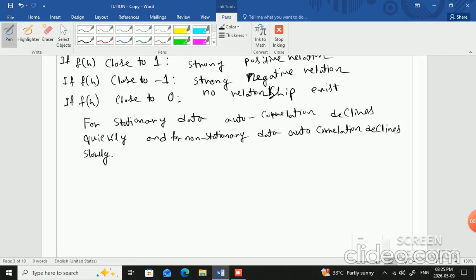Autocorrelation is the important part of forecasting. If autocorrelation is constant, then stationary data is present in the time series. If autocorrelation is not constant, then non-stationary data is present in the time series.